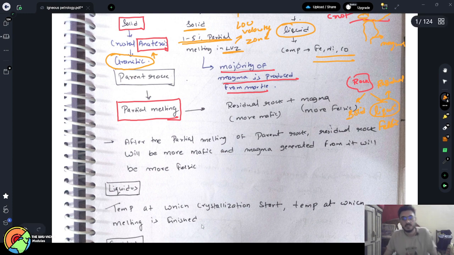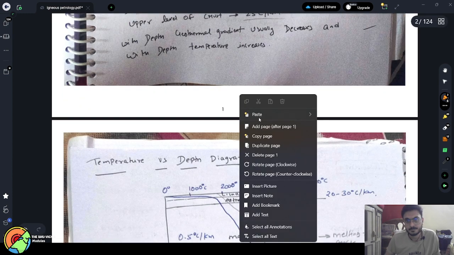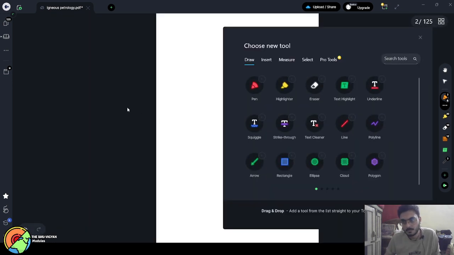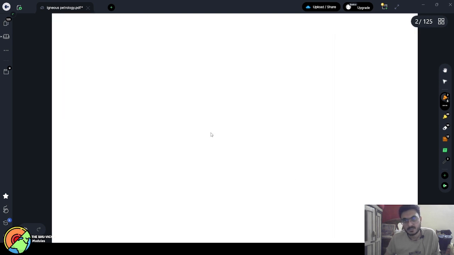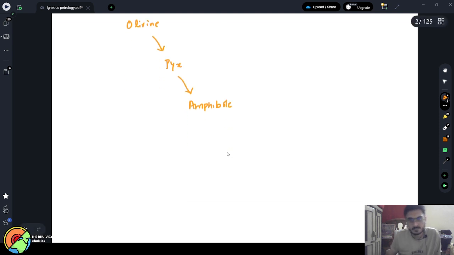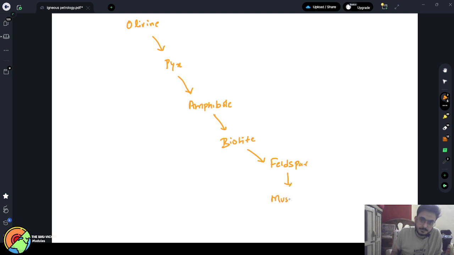How? If you go and see Bowen's reaction series, first olivine crystallizes, then pyroxene, then amphibole, then biotite, then feldspar, then muscovite, and after that quartz.